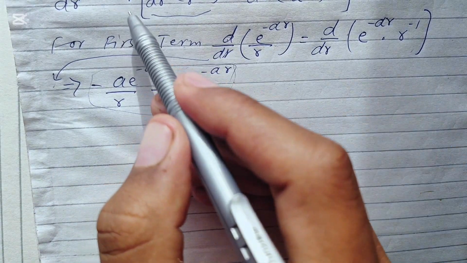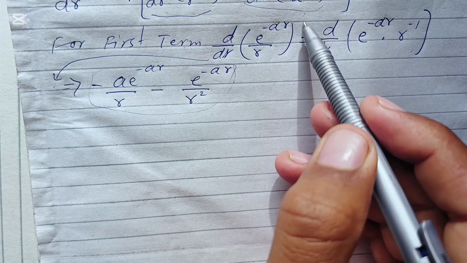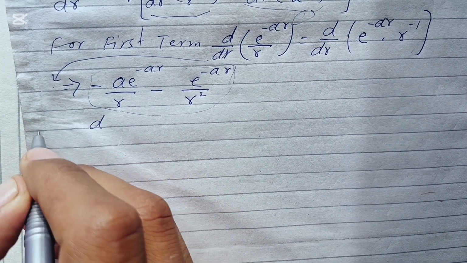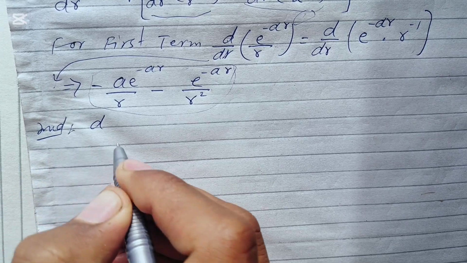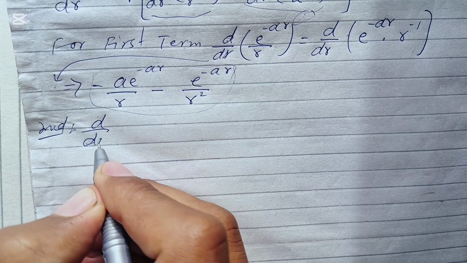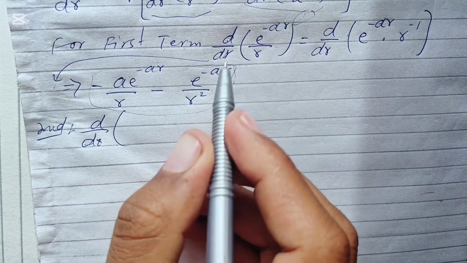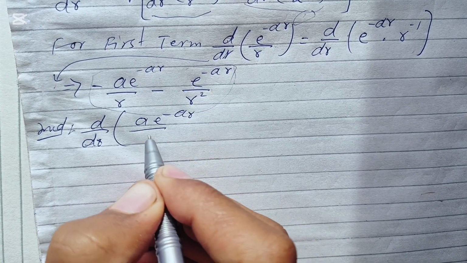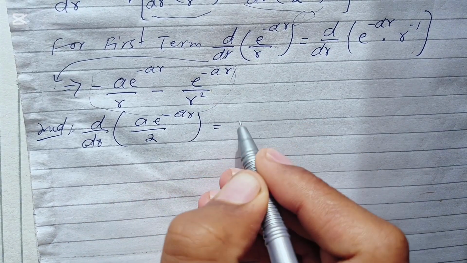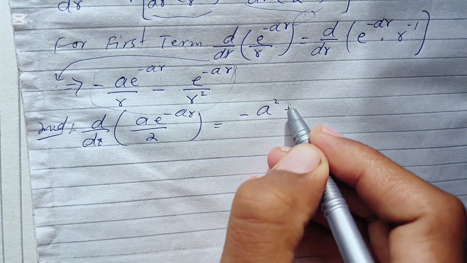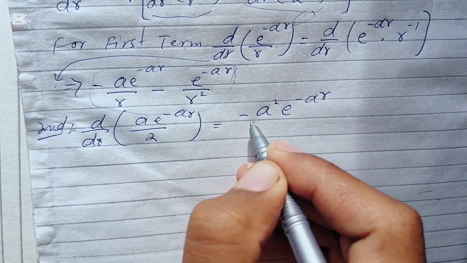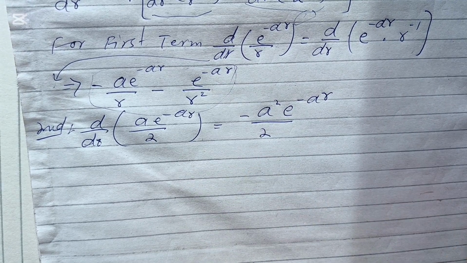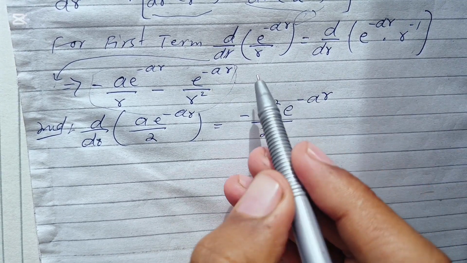Now we will apply the derivative to the second term. d by dr of alpha e^(-alpha r) divided by 2 equals minus alpha square e^(-alpha r) divided by 2. Now we combine both terms.